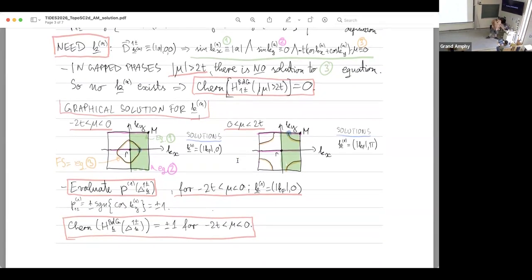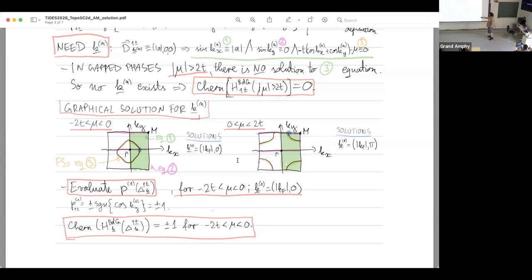You say, if I need to sit on the Fermi surface and the sine of ky needs to be 0, so I'm either on the line ky 0 or ky pi. So I'm on the purple line and I'm on the Fermi surface. That's the intersection, which solves both equations here.